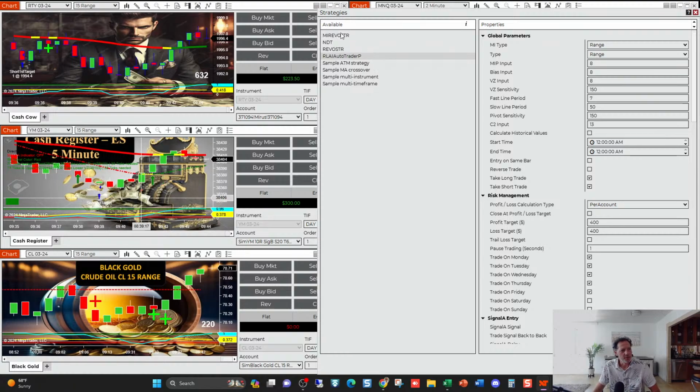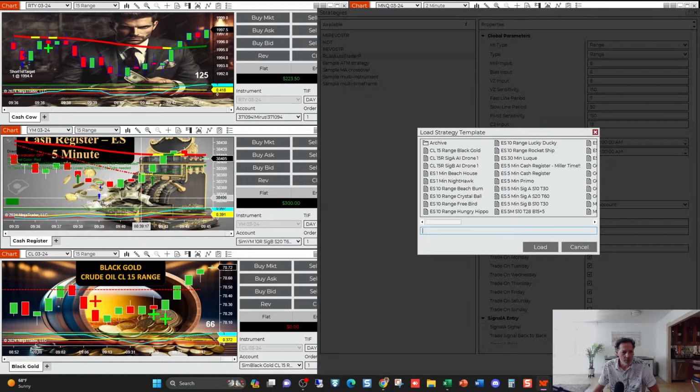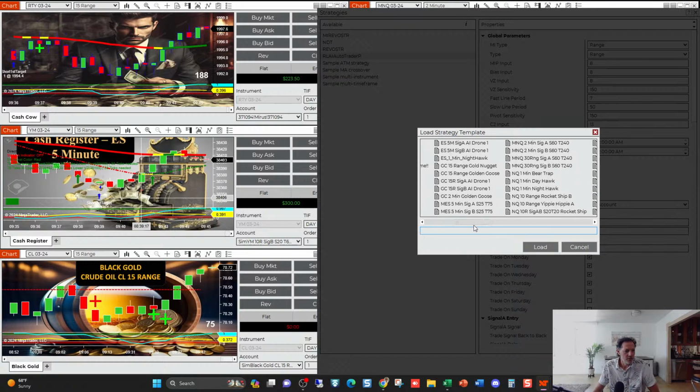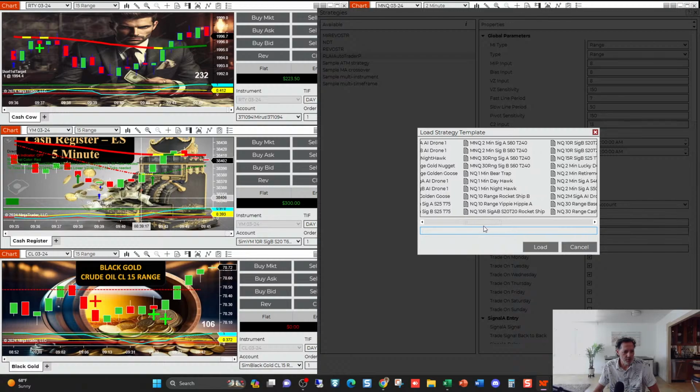So for the money flow tracker and other pieces of software, indicators are here. But for you, you should just have the RLAI AutoTrader P. If you have other company stuff, you might see other things there. But we picked the P, and I typically load a template. I've got a ton of them saved here. But in this case, we were doing the NQ 2-minute.